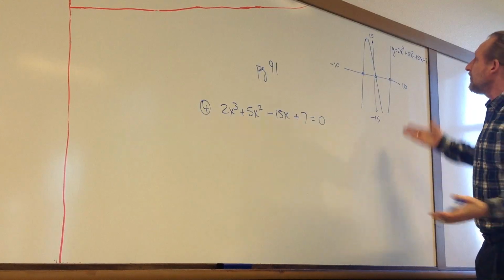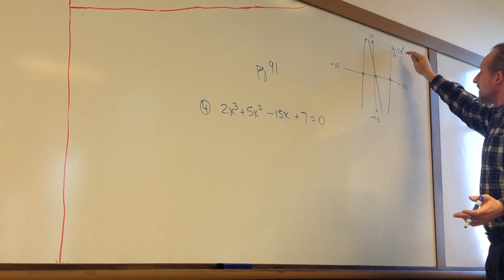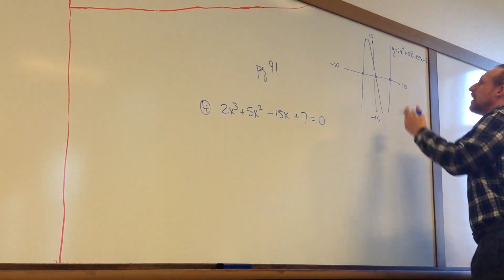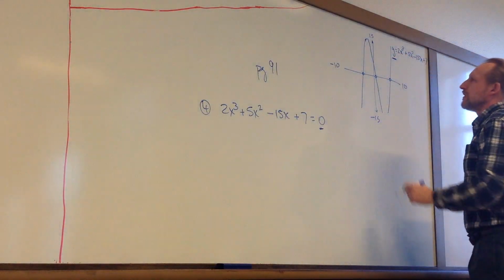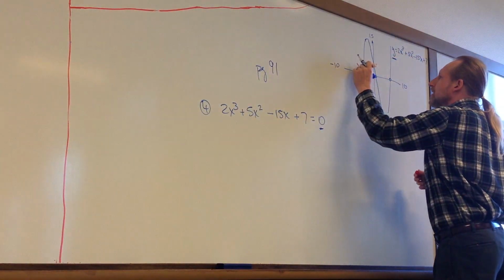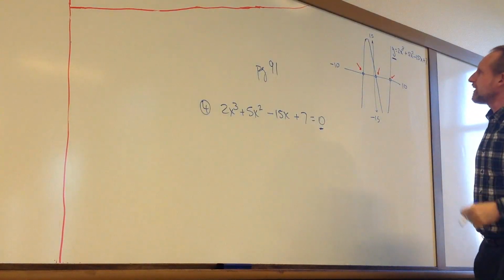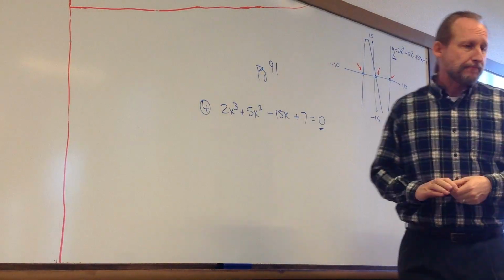And as you know from graphing, every x coordinate that you input in here gives you a different value for y. What we want to know is what's the x value that's going to make y equal to 0, because that's going to happen here, here, and here. Okay? And that's what the calculator can tell us by using that 0 function.